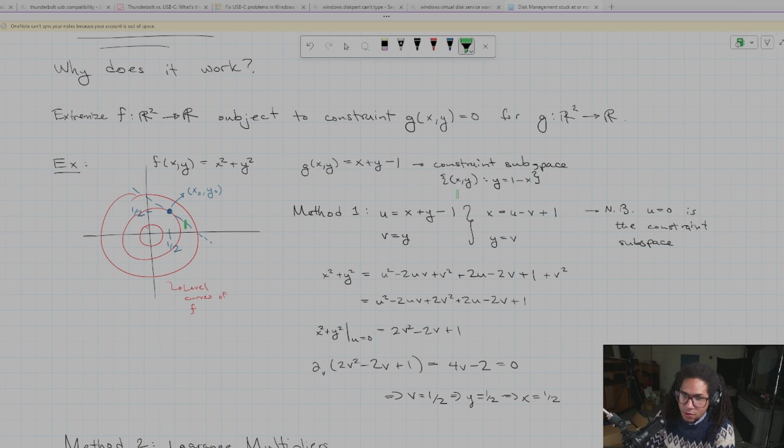Let's assume I'm at this point. Now the gradient, remember, points in the direction of steepest ascent. So the gradient of f points in this direction at this point. But the gradient of g, because g is a sort of linear function in these coordinates, is always in exactly this direction.